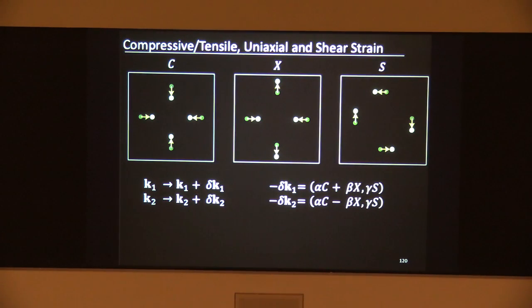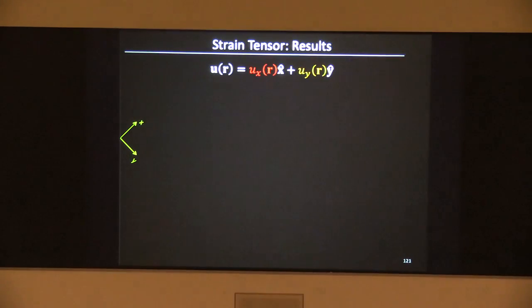If you know all the strain components, then you can get a much better idea of all these individual alpha, beta, and gamma, which tells you how the Dirac cones shift as a result of compressive strain, tensile strain, uniaxial strain, shear strain, and so on. So that's what we'd like to do.